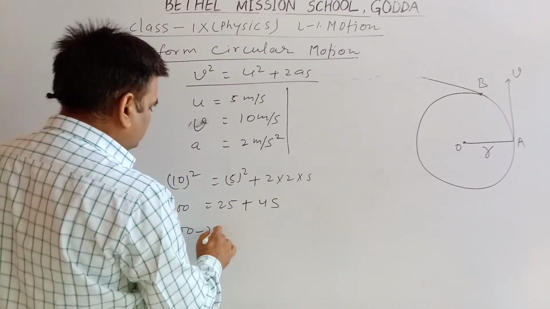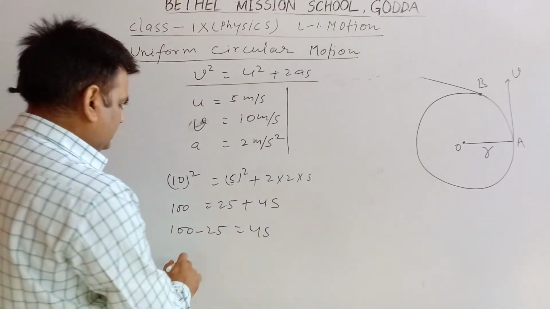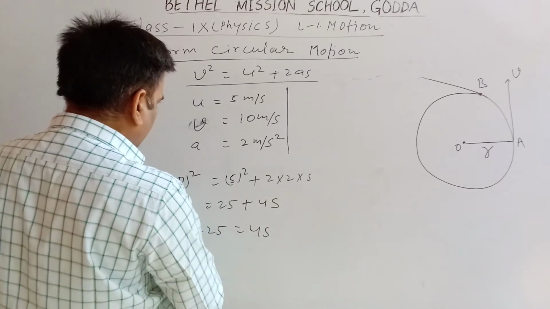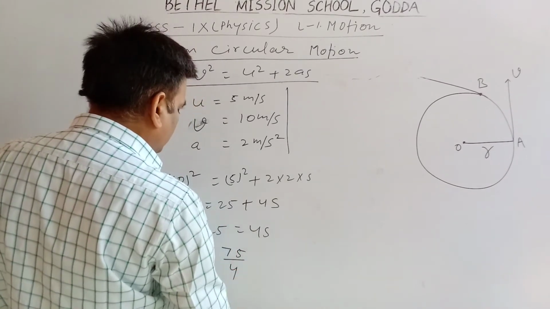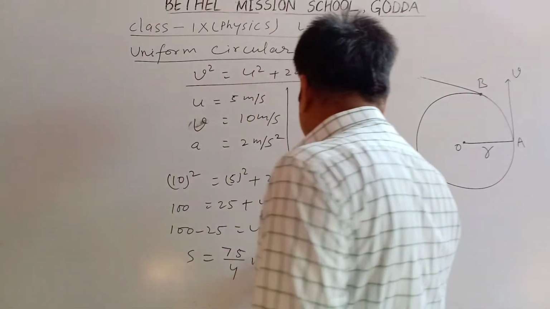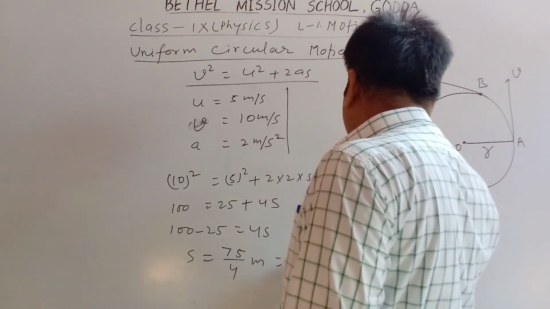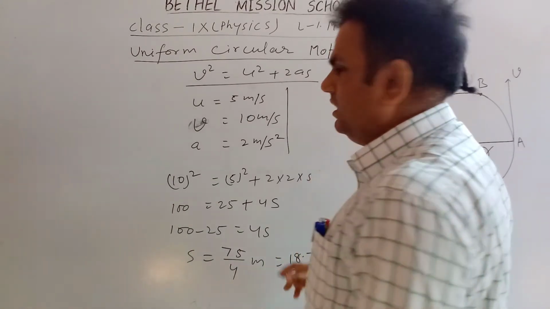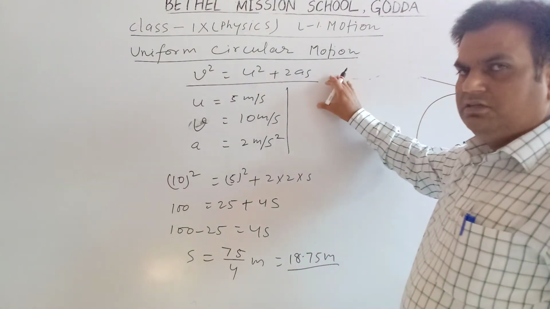So 100 minus 25 equal to 4s. Now s equal to 75 by 4 meter, and when we convert it to decimal, it is 18.75 meter.